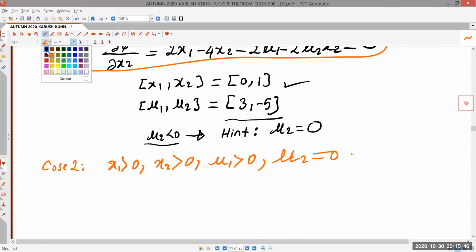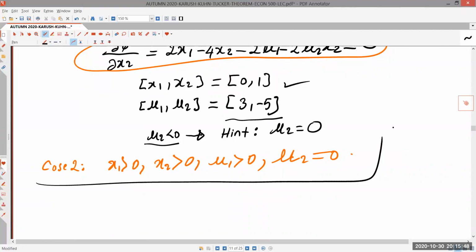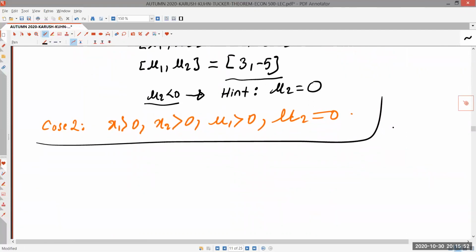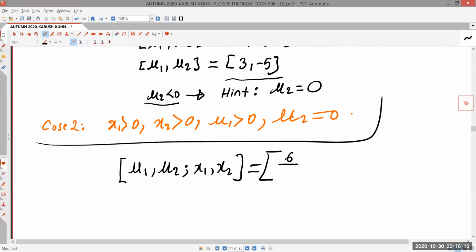Now I will just check, and then when I do the relevant checkings, I end up with these values. Mu1, bunu nasıl bulunduğunu size bırakıyorum. Mu2, x1, x2, they turn to be 6/7.